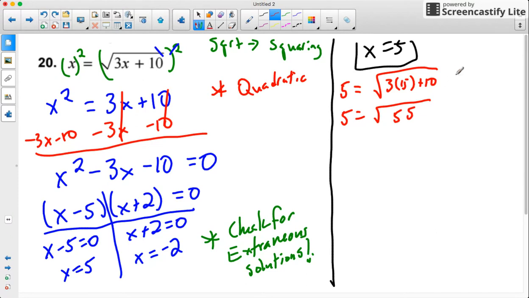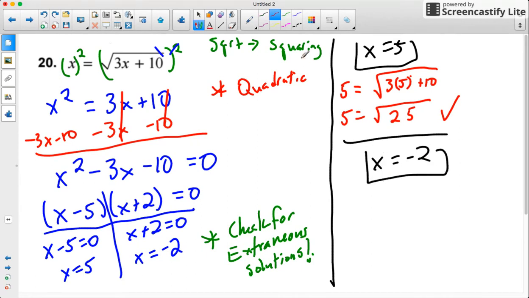Wait a second, looks like something's happened here. Oh, this shouldn't be 15. This should be 5. That's why. Let's try that again. So this is going to be 3 times 5 plus 10. That works better now. So this is 15 plus 10, or 25. And the square root of 25 is 5. This guy works out all right. Whew, that was close.